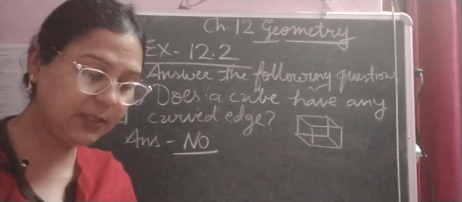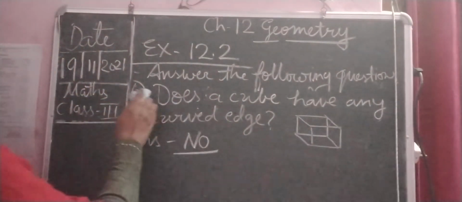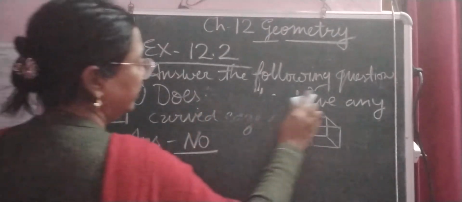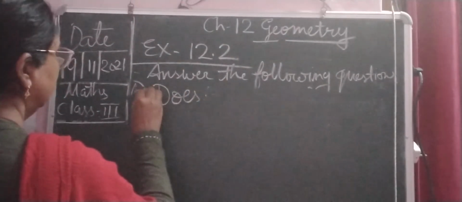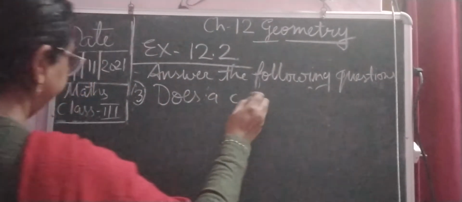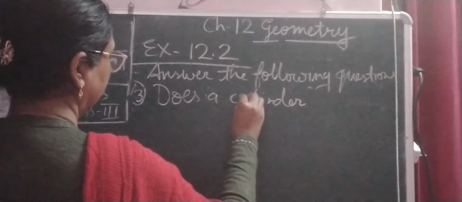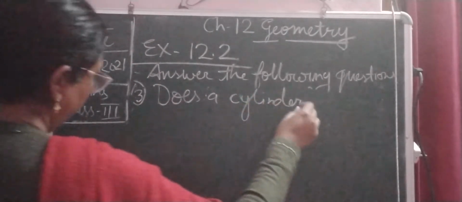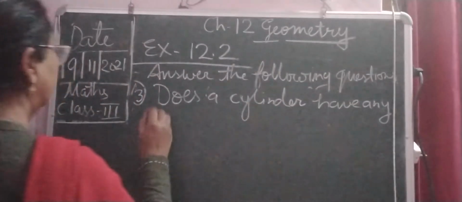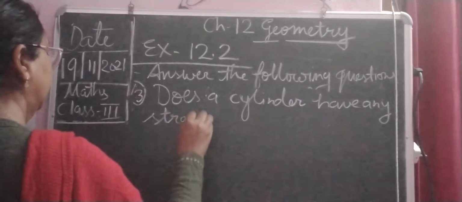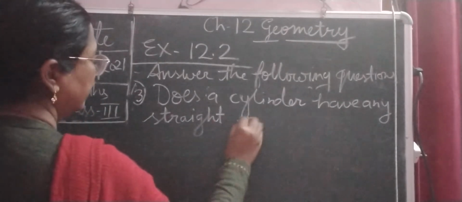Now third question: does a cylinder have any straight edge? Children, we will write our next question. Does a cylinder have any straight edge?